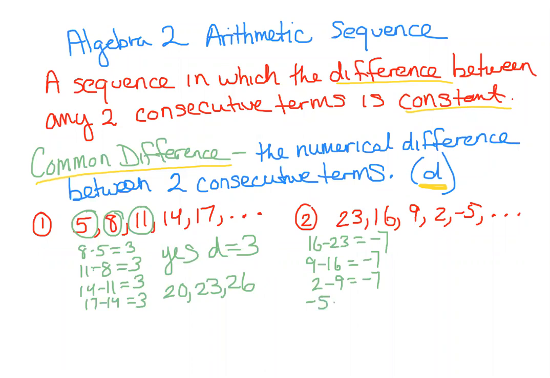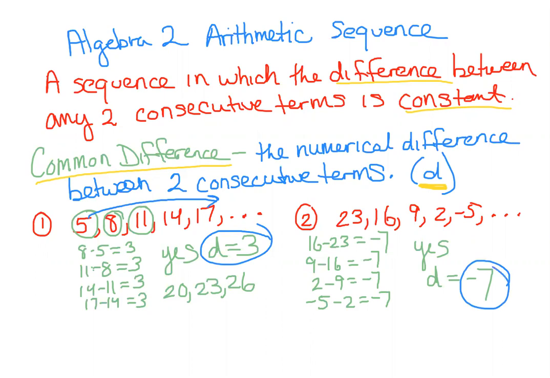Negative 5 minus 2 is negative 7. So yes, this is arithmetic, and D equals negative 7. D is going to be positive if the numbers are going up. D is going to be negative if the numbers are going down.